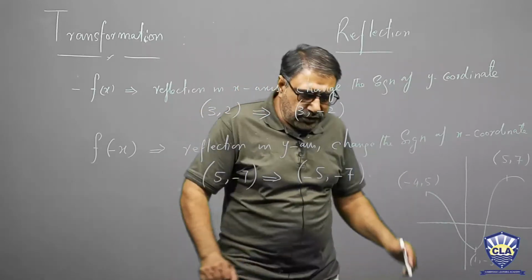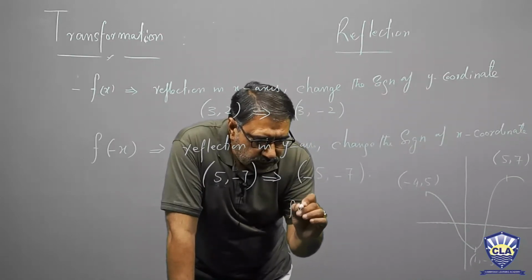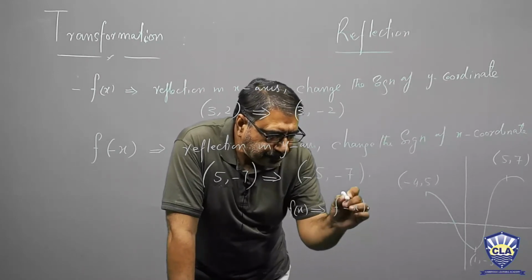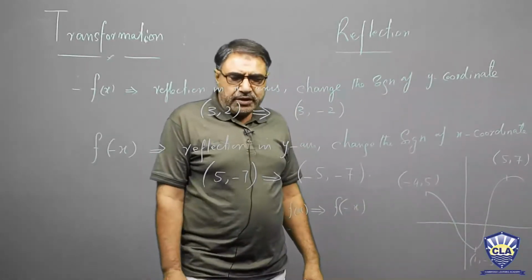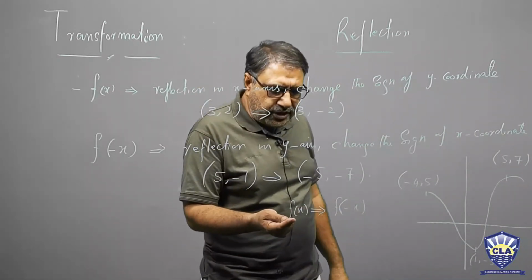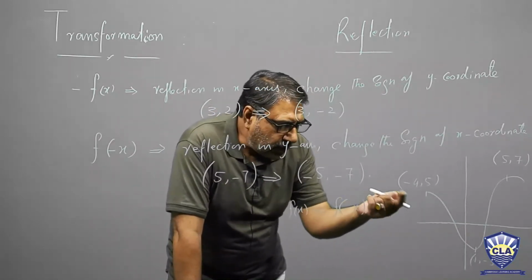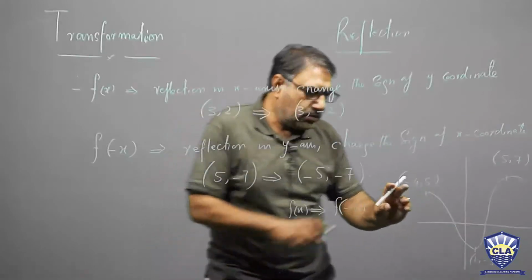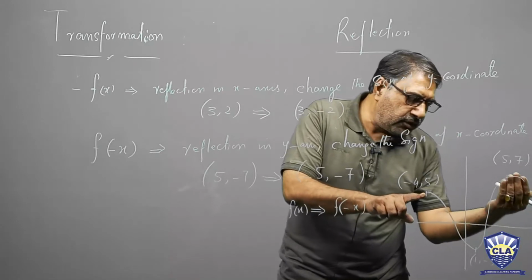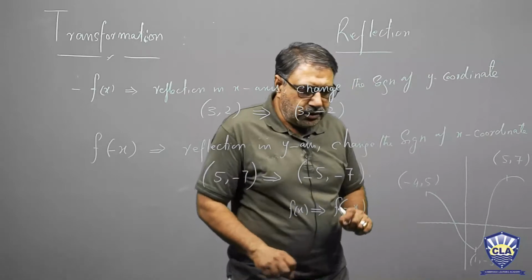Now, if we said f of x becomes f of minus x, it means that it is a reflection in the y-axis. So that point will be moved onto this side, and this point will be moved onto this side. This point is also moved onto that side.